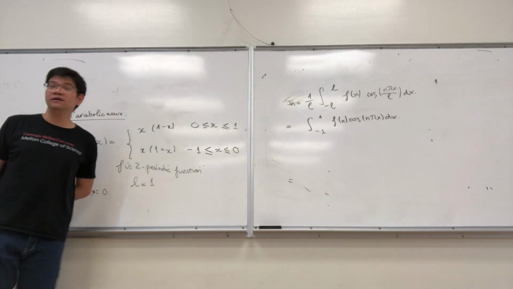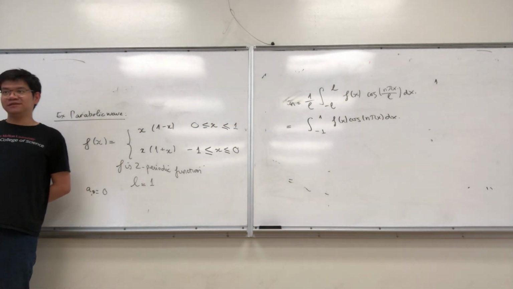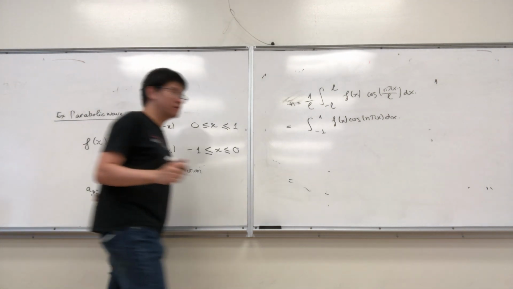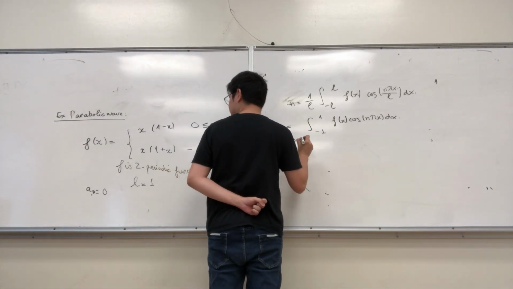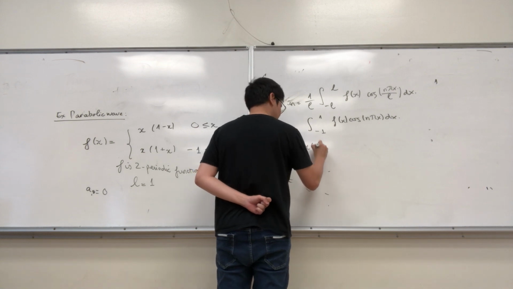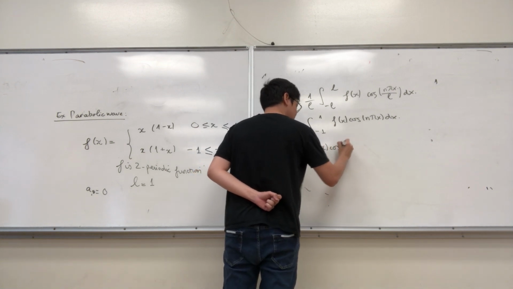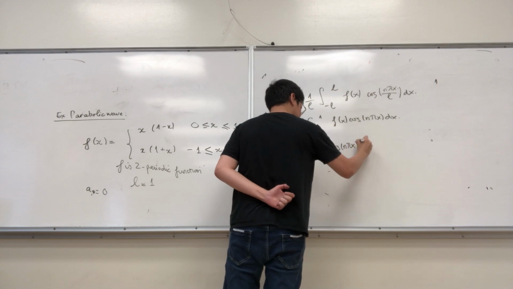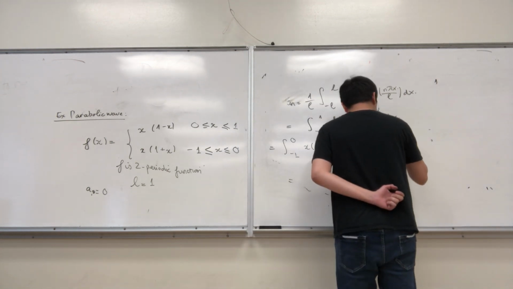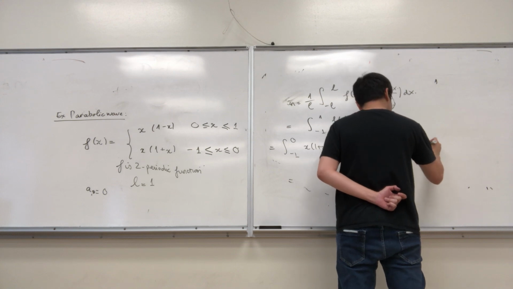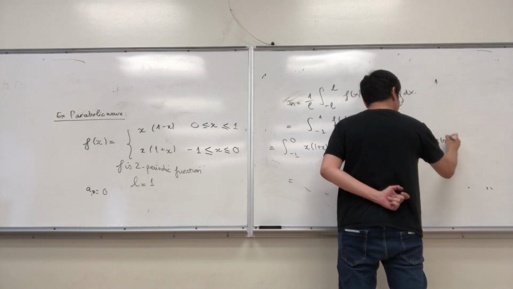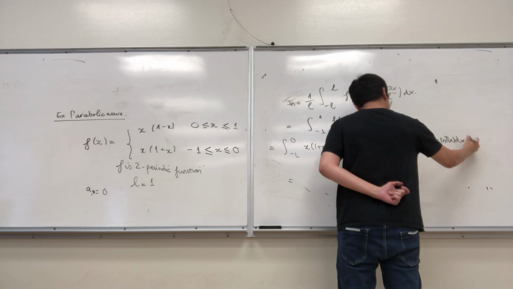And I'm going to split this into two integrals. So this gives me the integral from -1 to 0 of x(1 + x) cosine of n pi x dx plus the integral from 0 to 1 of x(1 - x) cosine of n pi x dx.